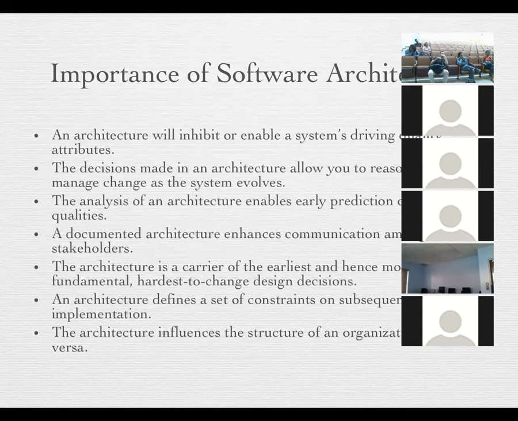The analysis of an architecture enables early prediction of a system's qualities. Again, as I said before, if you analyze the architecture, if you look at the architectural documentation and architectural decisions, you can actually, without even implementing the system, wouldn't that be great?